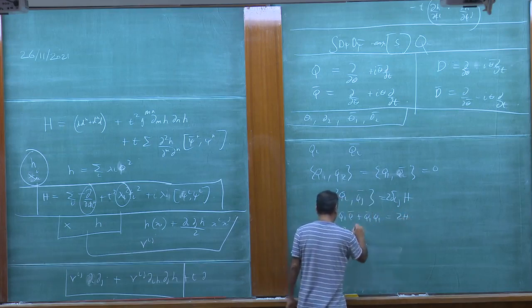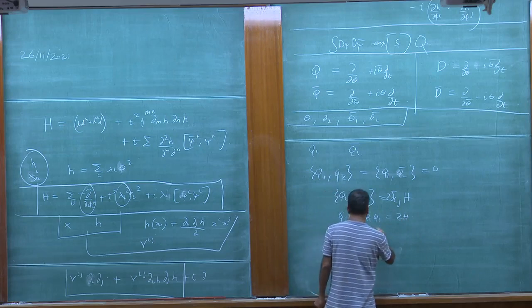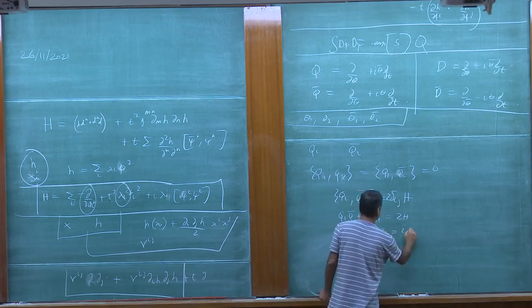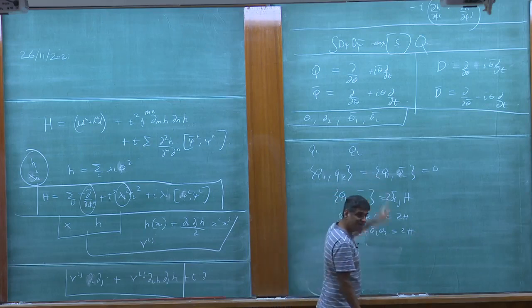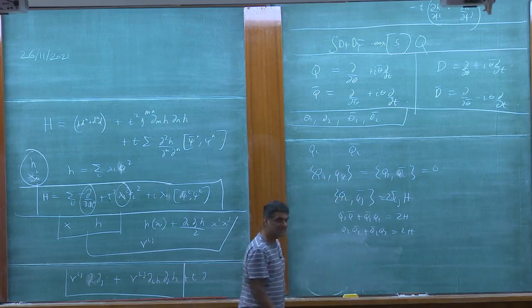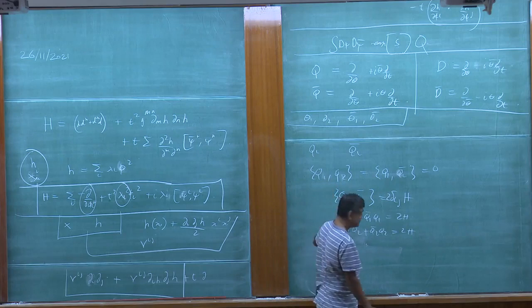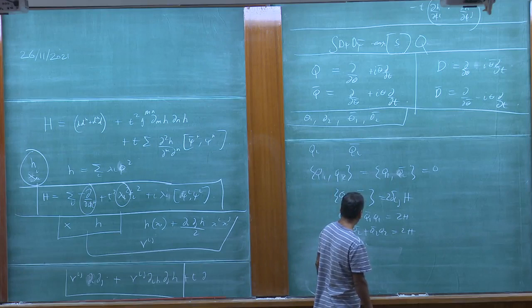And Q2 Q2 bar plus Q2 bar Q2 is equal to 2H. So theta cancels out totally. Why is this algebra true, you're asking? No, I'm asking why H is not dependent on both 1 and 2, and only 1 and only 2.